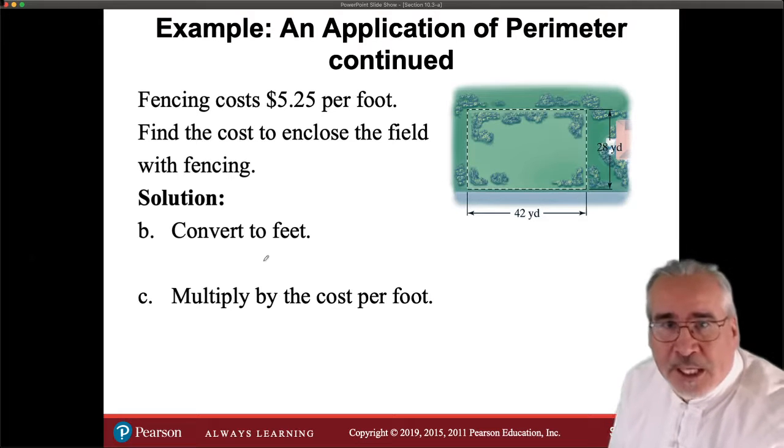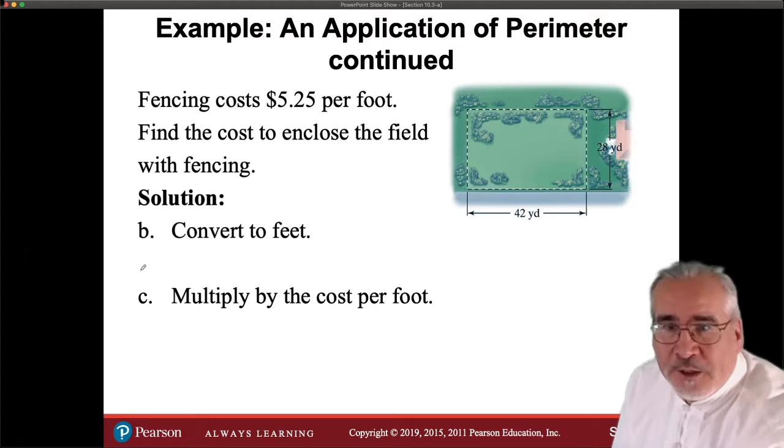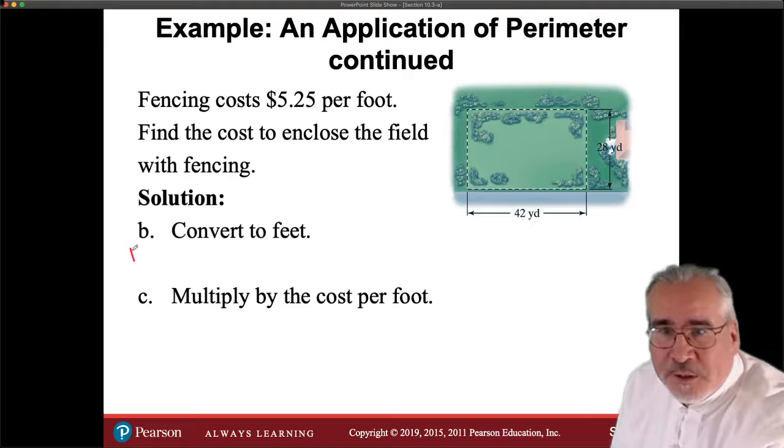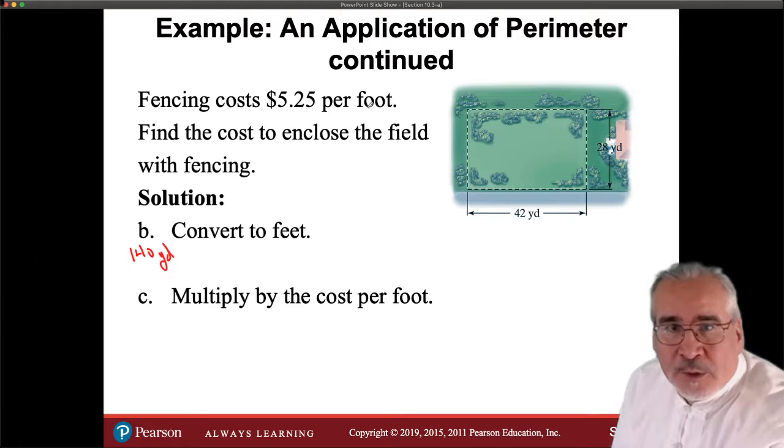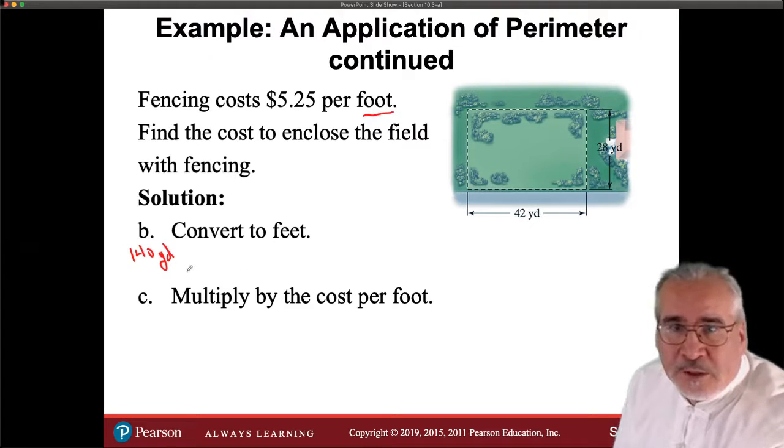So to get the cost, what we first need to do is take our 140 yards, and since our unit of price is in feet, we need to convert that to feet. If you remember, since we want to get rid of yards, and there are 3 feet in a yard, we divide by yards, and that leaves the 3 feet on the top.